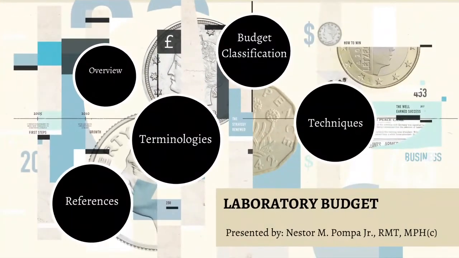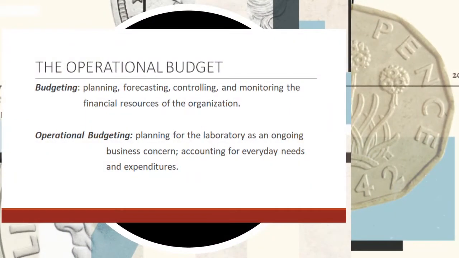To begin, let us define operational budget and budgeting. Budgeting is the process of planning, forecasting, controlling, and monitoring the financial resources of the organization. It is through budgeting that an organization turns its strategic plans into daily operations.